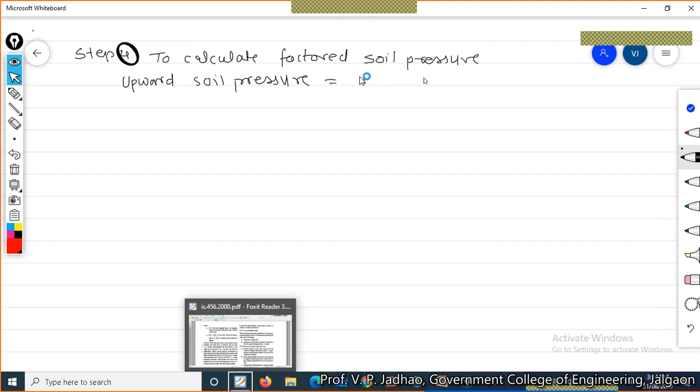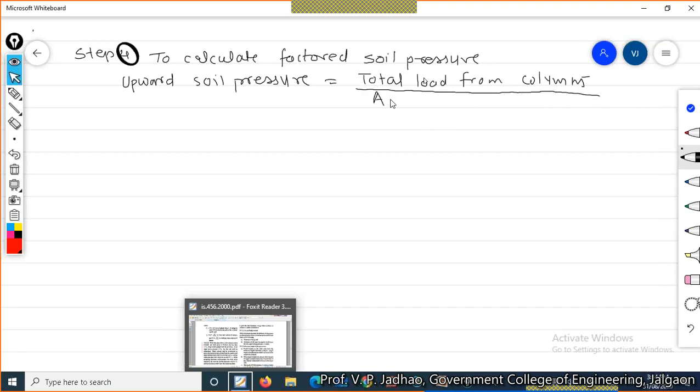Okay, this is equal to total load from columns divided by area of footing. This is the formula.